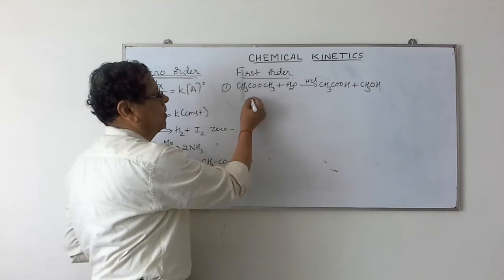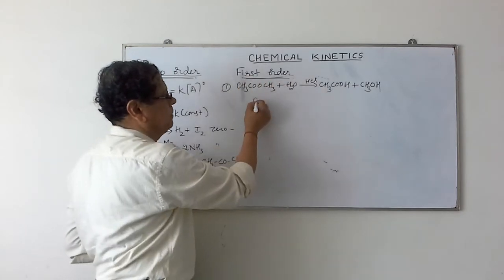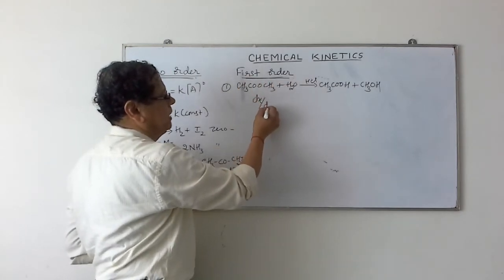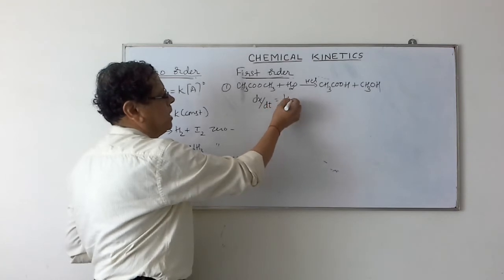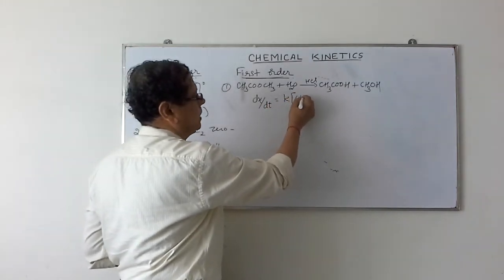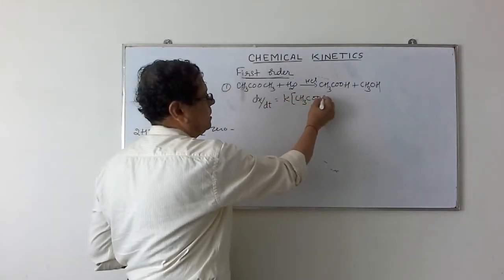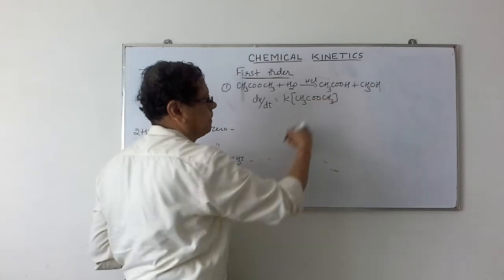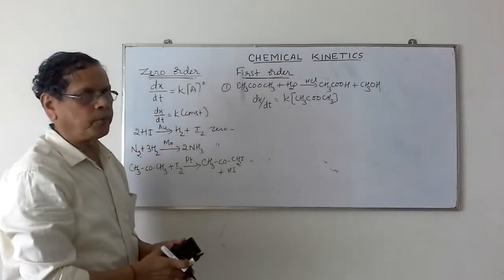This actually follows a first order mechanism. That means we can write the velocity dx by dt is equal to k into concentration of methyl acetate, CH3COOCH3.